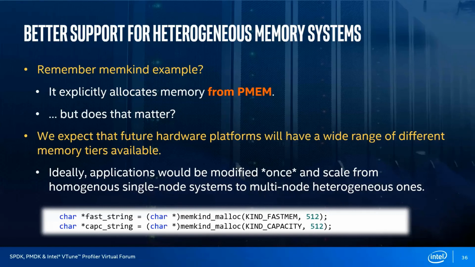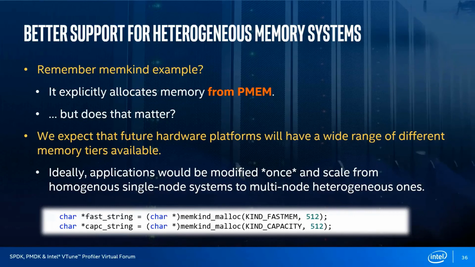A good example for that is a B+ tree, where you want to have very fast access to your indexing structure, but the leaves and the actual values in a B+ tree, which will be accessed less frequently, can be allocated on the capacity tier in the system.